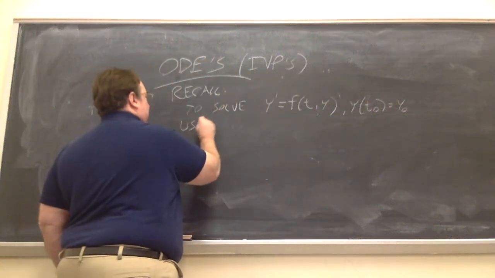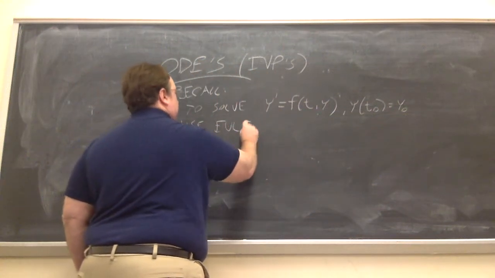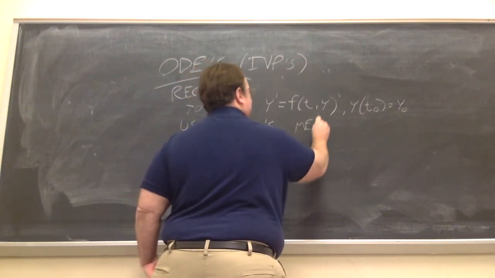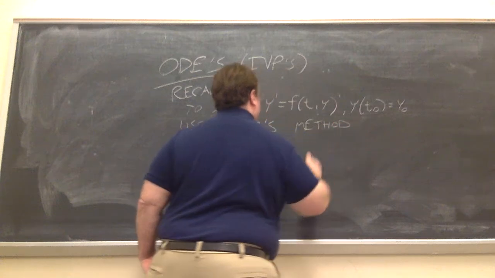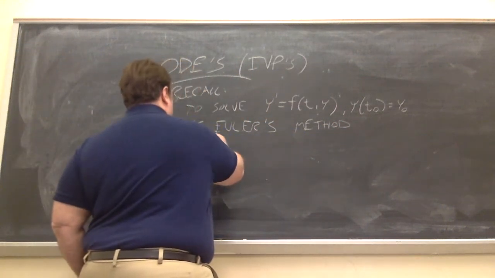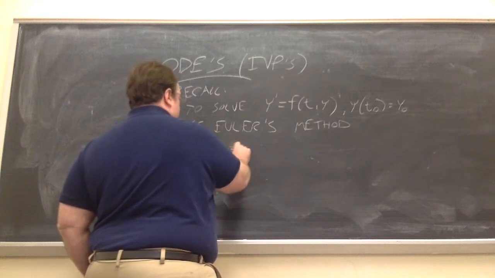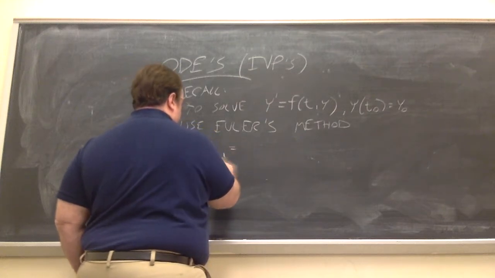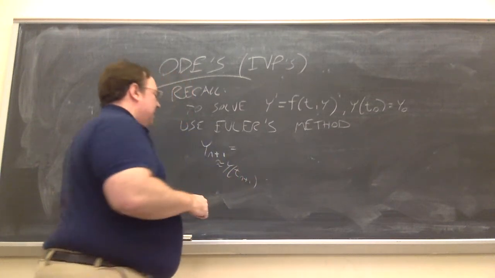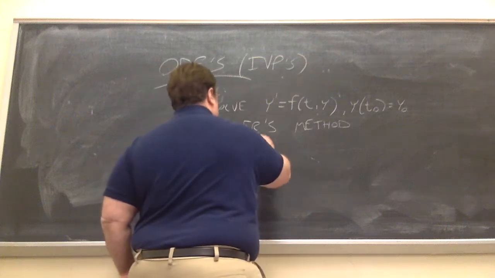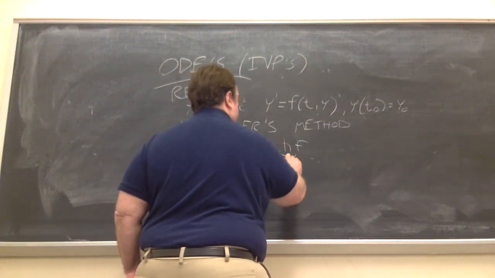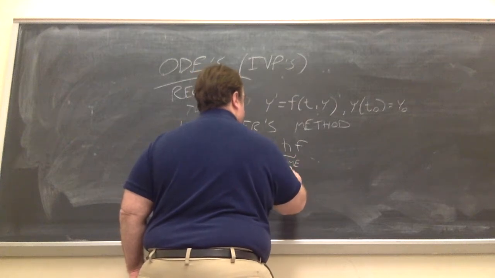And that method is, what do we call this method? Euler's. Very good. Euler's method, and that is each new solution value, so this is an approximation of the exact solution at time t_{n+1}, is equal to the previous one plus h, which is the time step.